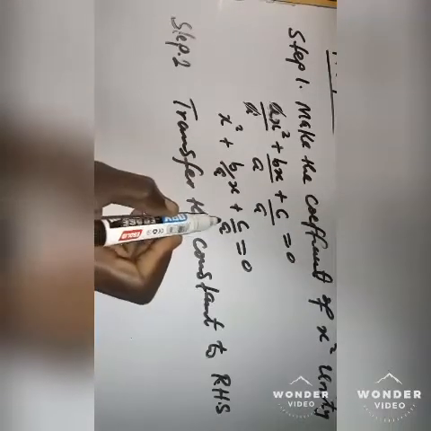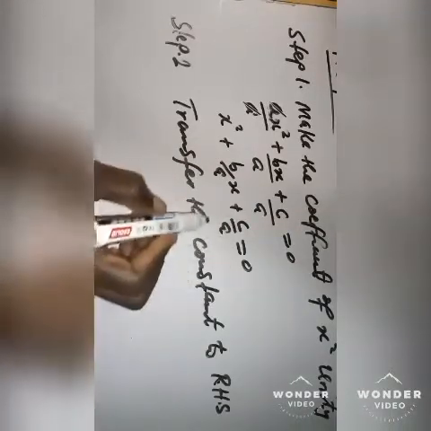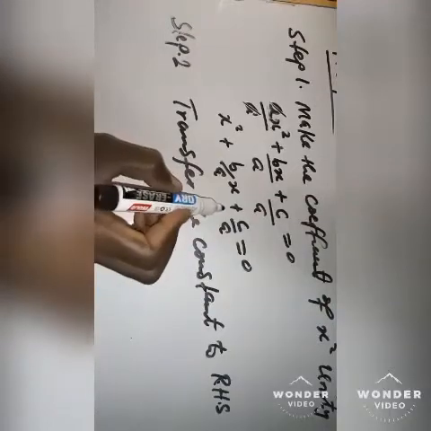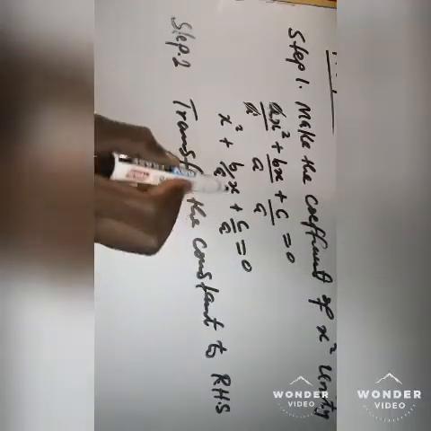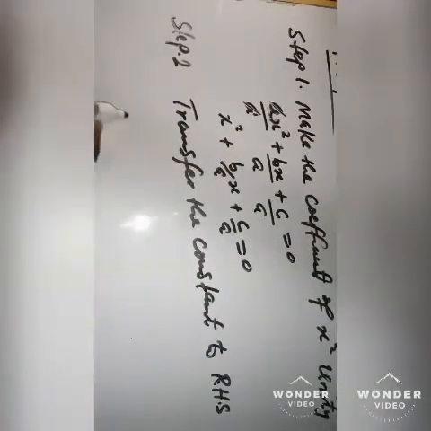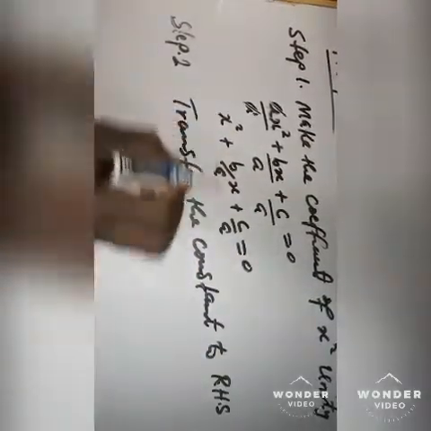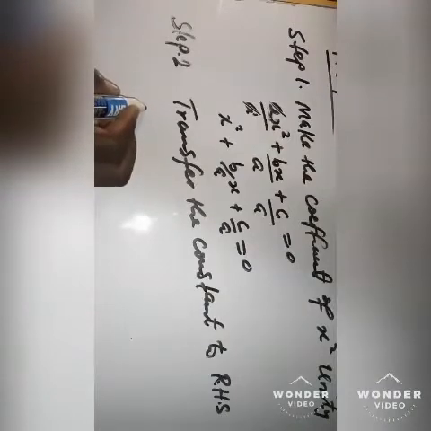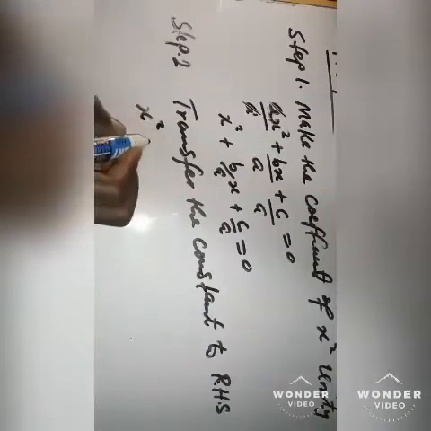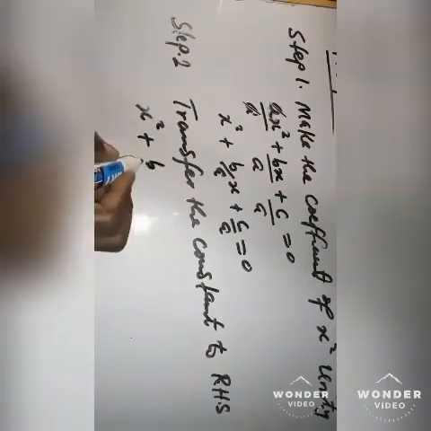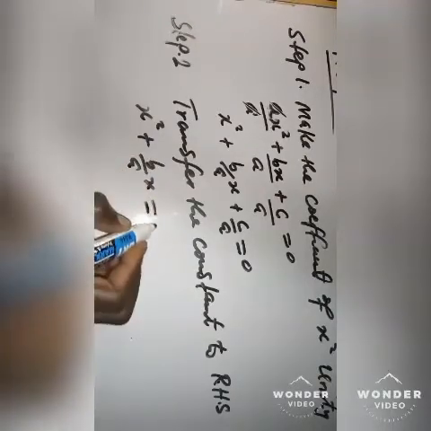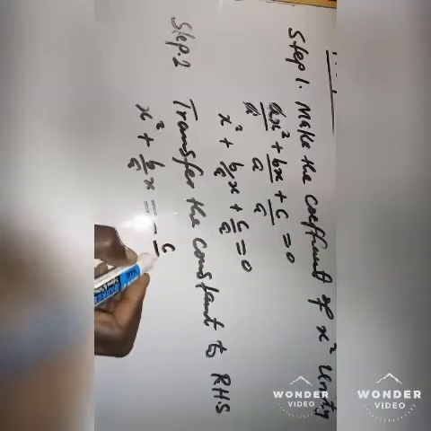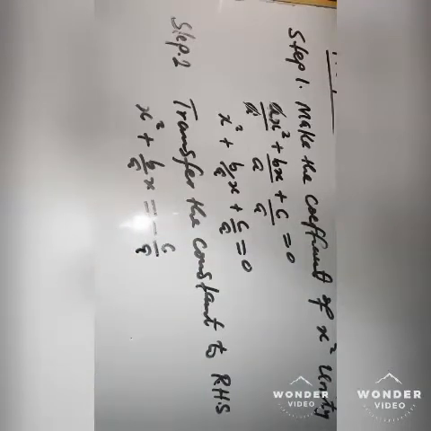When we transfer our constant to the right hand side, automatically the sign has to change. This is positive. When we move it to the other side, it will now change to negative. Therefore, this equation is going to change to x squared plus b all over a x equals negative c all over a.